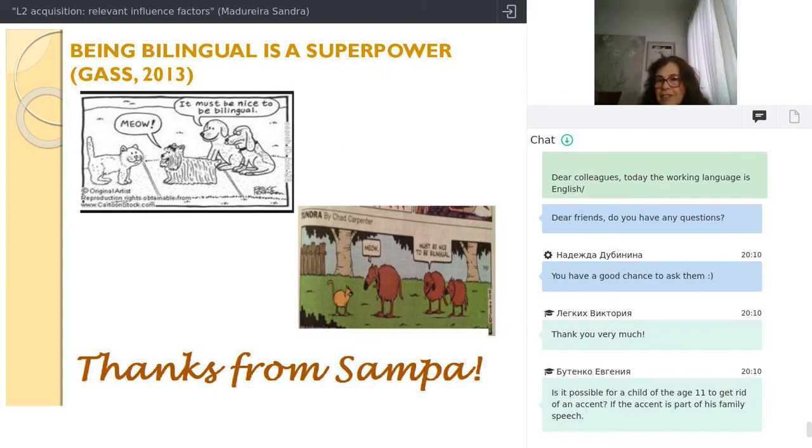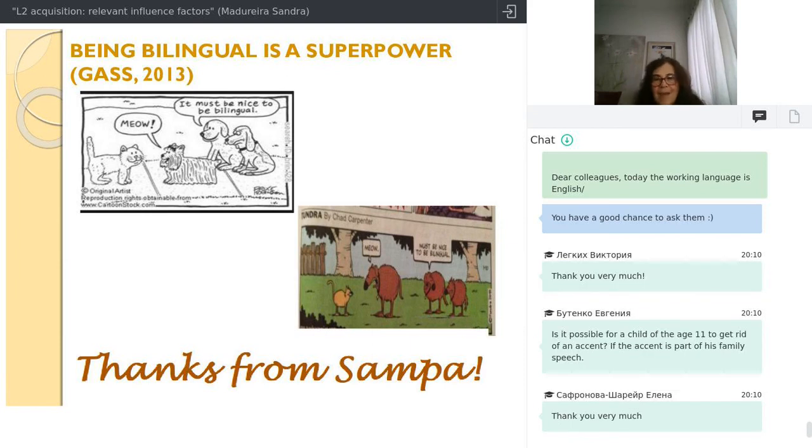Is it possible for a child of the age of 11 to get rid of an accent if the accent is part of his family speech? Okay, I try to consider this from the point of view of the theoretical perspectives. Flege says that the quality and the quantity of input is very important. So if you listen to L2 and this listening is not based on quality, that would be more difficult, right?